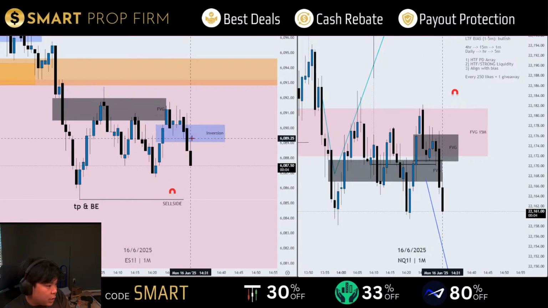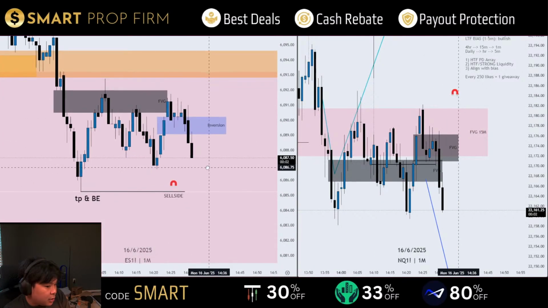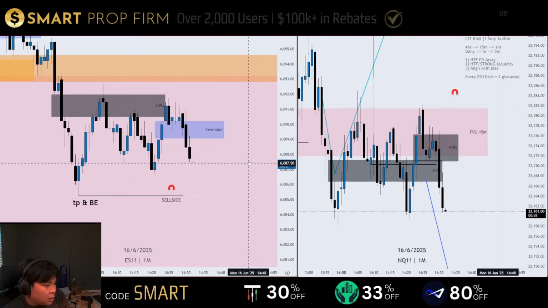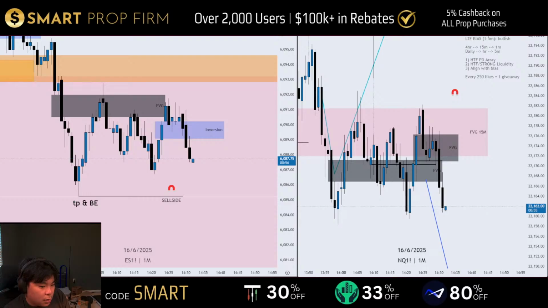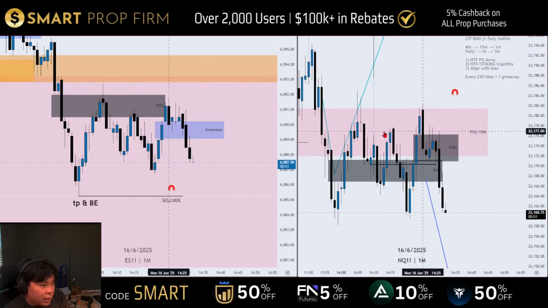So we got the closure, we got the retrace back inside. Still liking lower here. I think we slam these lows on ES.